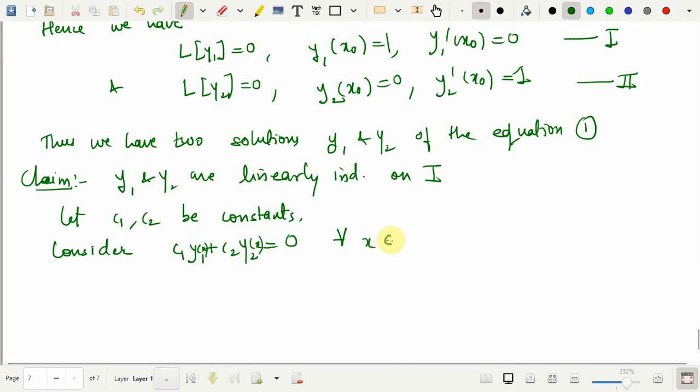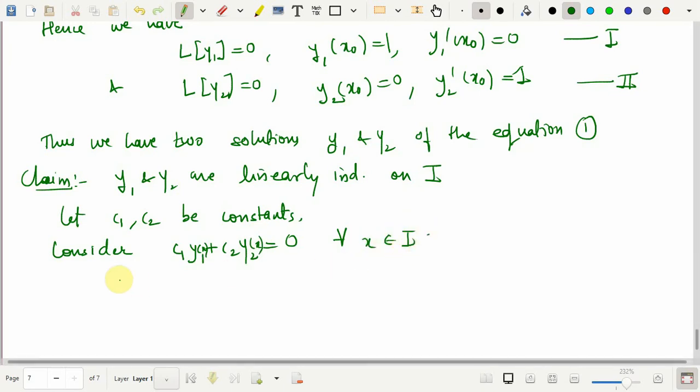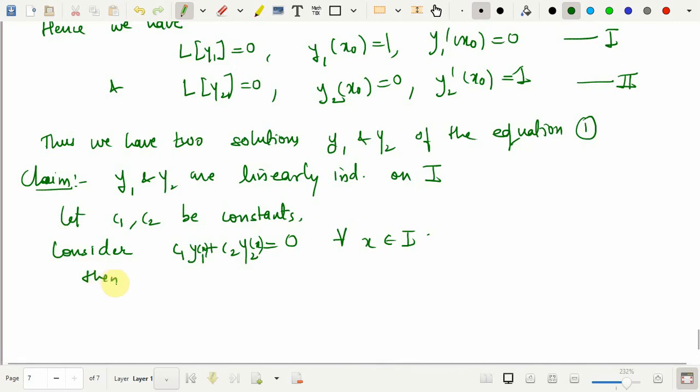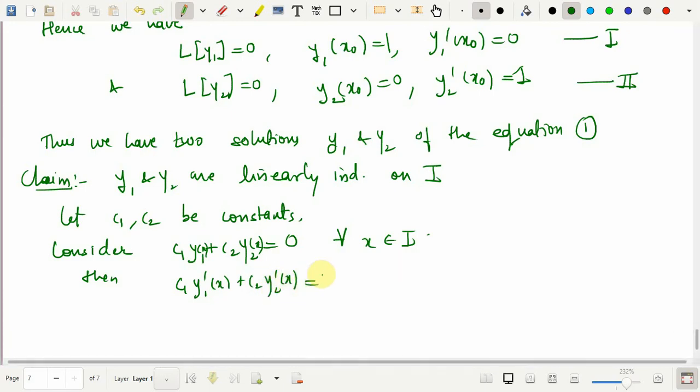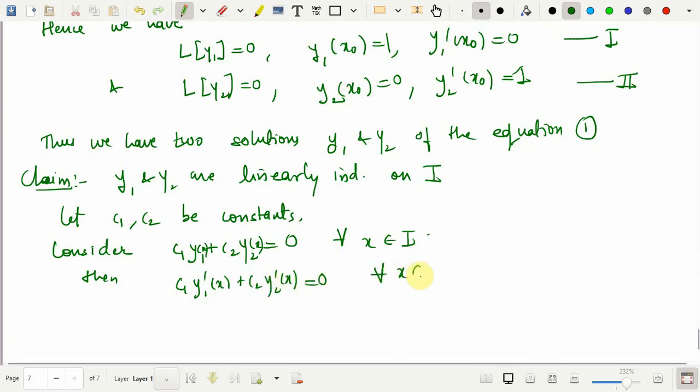This is true for all x in I. If this is true, then its derivative is also true, that is, c1 y1 prime of x plus c2 y2 prime of x is also equal to 0 for all x in I.